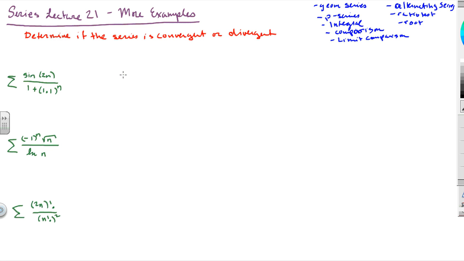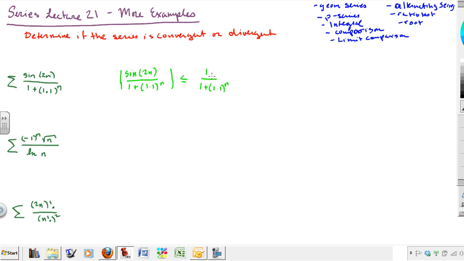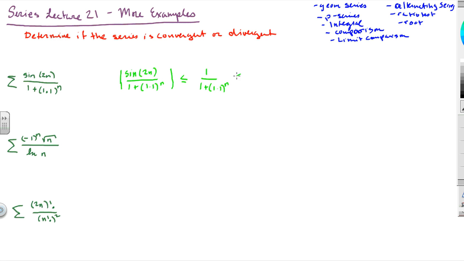The absolute value of the terms here, sine 2n over 1 plus 1.1 to the n, is going to be less than or equal to 1 over 1 plus 1.1 to the n, because the absolute value of sine is always less than or equal to 1, right?